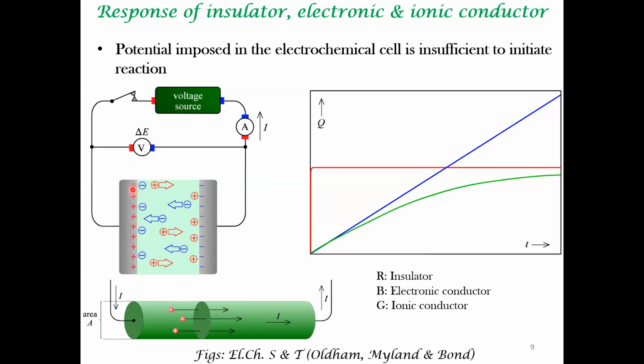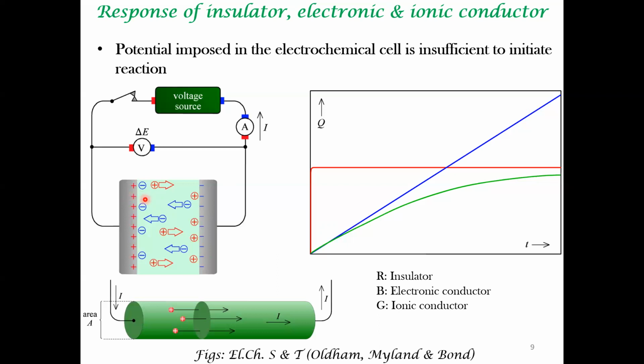This is the first layer, and the structure in the electrolyte, because of the presence of mobile ions, provides us with the second layer. Put together, they are called the double layer.